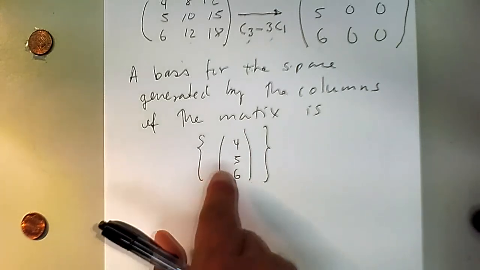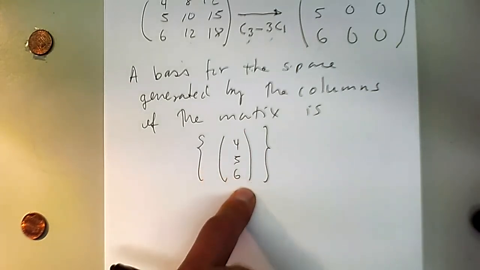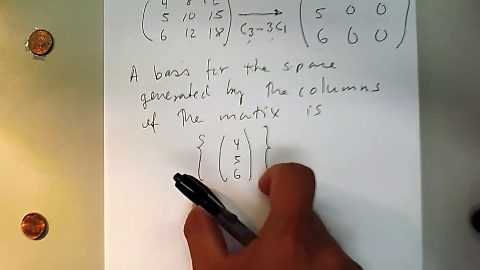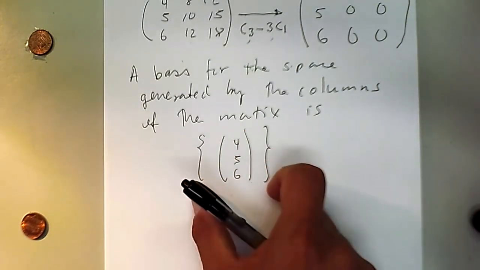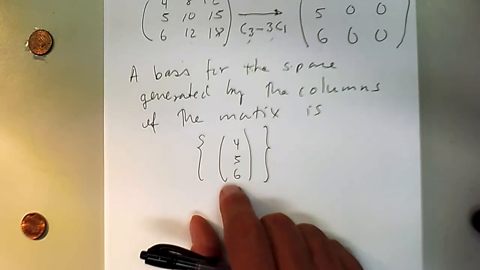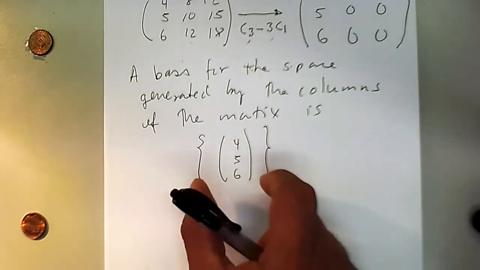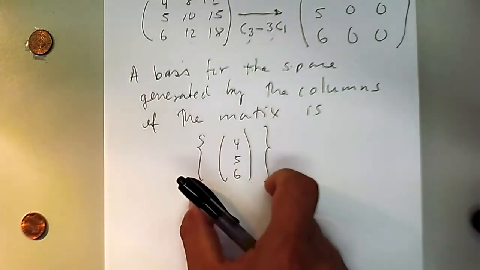Yeah, so any non-zero vector by itself in a set will make the set linearly independent. This is non-zero, and consequently, this set is a linearly independent set.